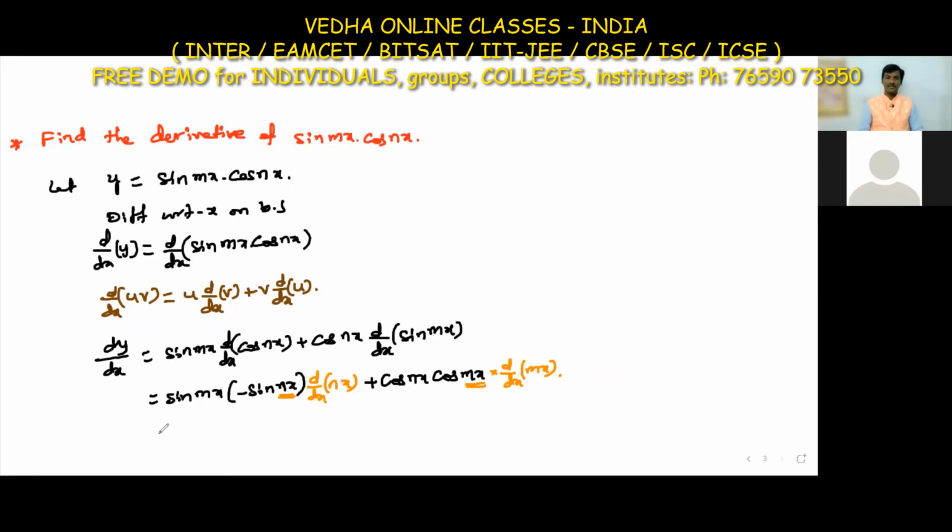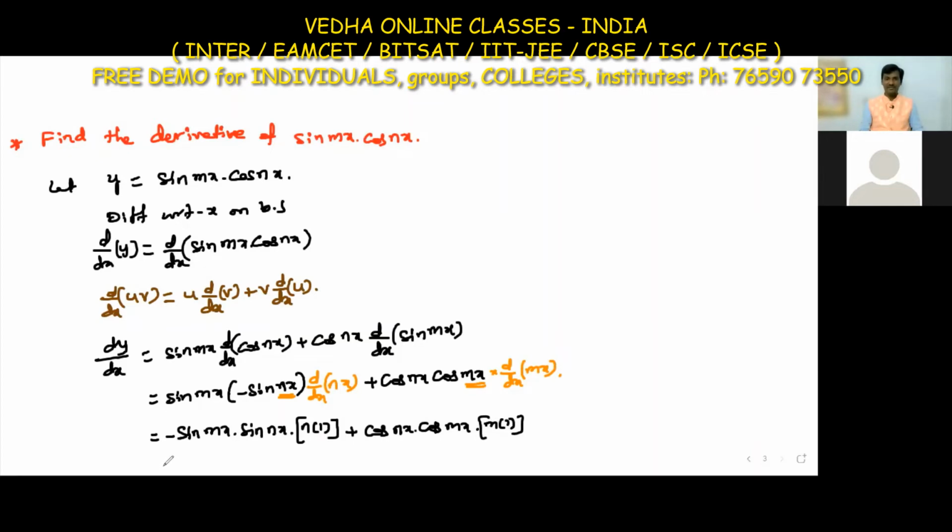Now this is equal to minus, writing minus as it is, sine mx into sine nx, and nx I am differentiating, n into d by dx of x is 1, plus cos mx cos nx into cos mx, and mx derivative, m into x derivative is 1.